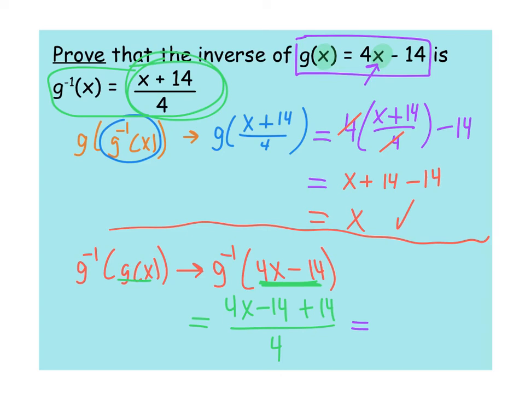Up top, 4x minus 14, and then plus 14 is really just 4x. There is a divided by 4 in the bottom, and 4 divided by 4 reduces to just 1, and we just have our x. So we have now proved it. We showed the composition in both directions simplifies to just equal x.